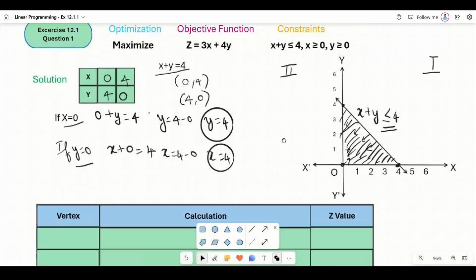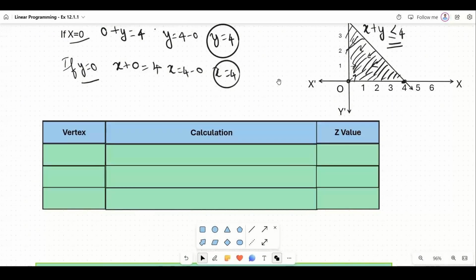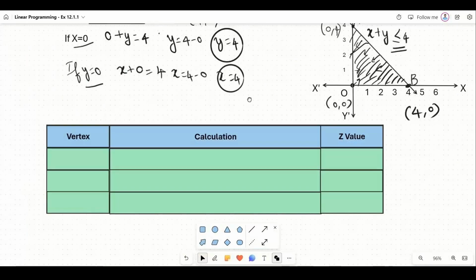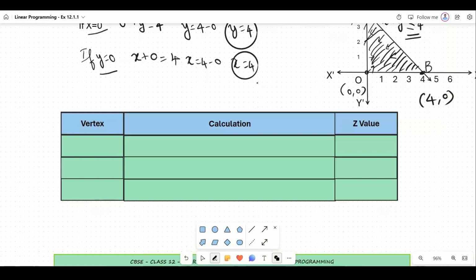Now let's move on to find out the value of z here. So let's write down the 3 vertices. What are the 3 corner points? We have one corner point which is 0 comma 0 for O, and then we have 0 comma 4, x is 0, y is 4, let's call it vertex A, and let's call this vertex B. So this will be 4 comma 0.